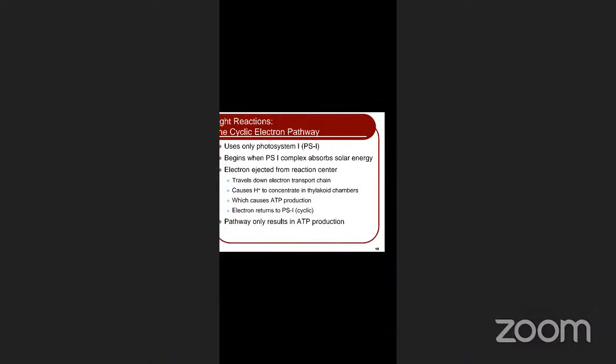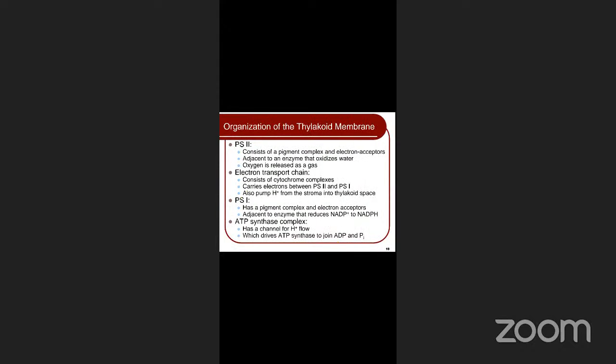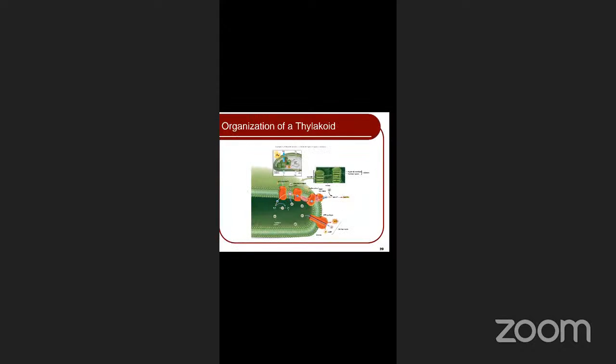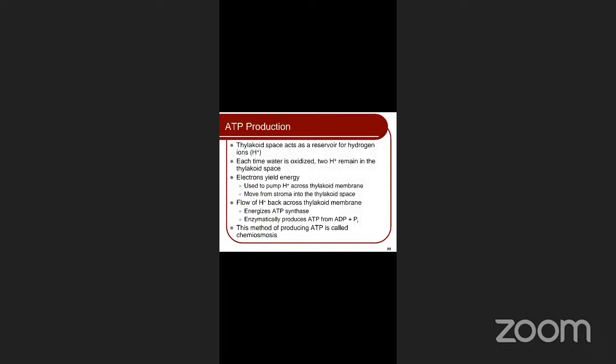Photophosphorylation means that another important complex in the thylakoid membrane is ATP synthase, which converts ADP and inorganic phosphate to ATP.